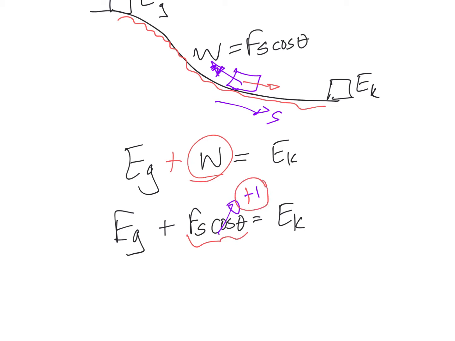Based upon the angle between my force and my displacement, that'll tell us if it's going to add energy into the system by being positive, or subtract energy from the system by being negative. So just to be consistent, make sure it's initial energy plus the work done externally equals the final.